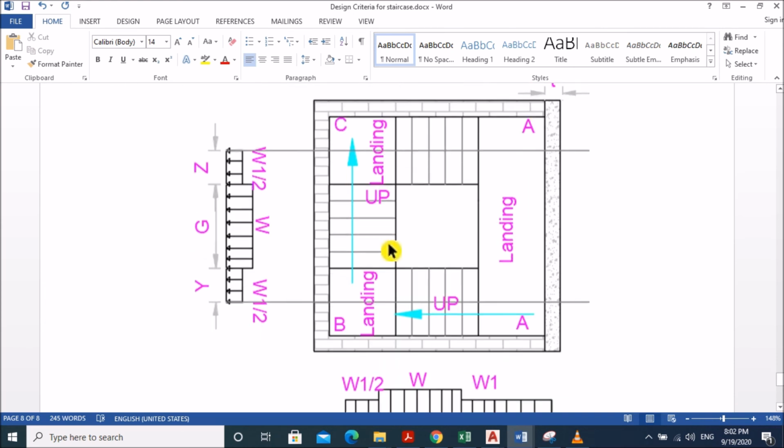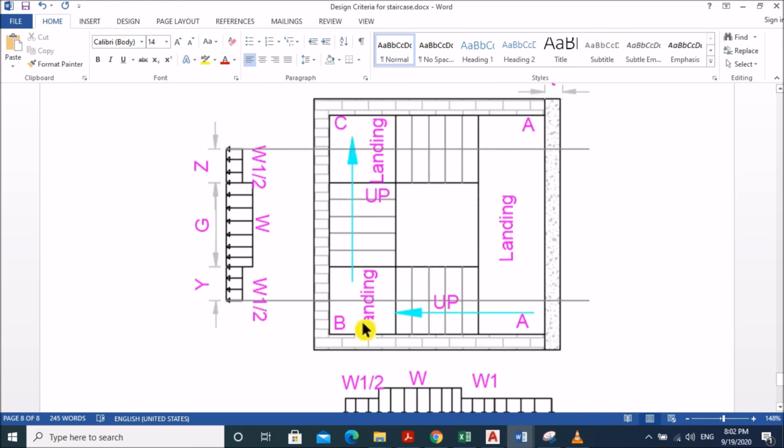For the loading condition, landing C and landing B are shared by two flights. That means landing B is shared by BA and BC. So only half of the loading is taken for B and C. In that case, this landing C is shared by CB and CA, so only half of the loading coming to C has to be taken, W1 by 2 and W1 by 2. W is the load on the flight.